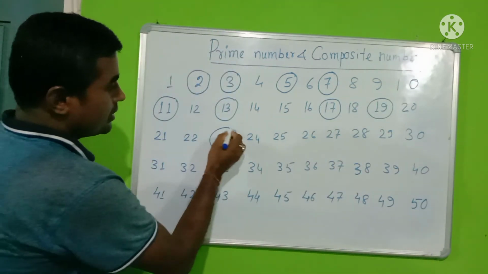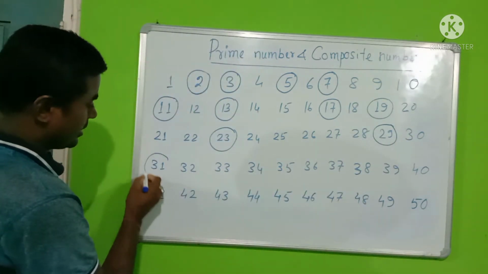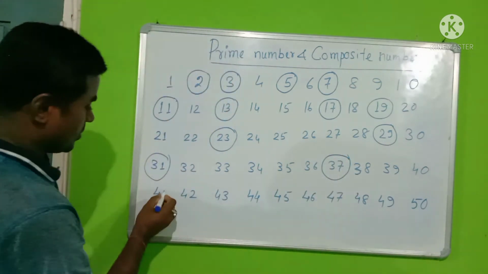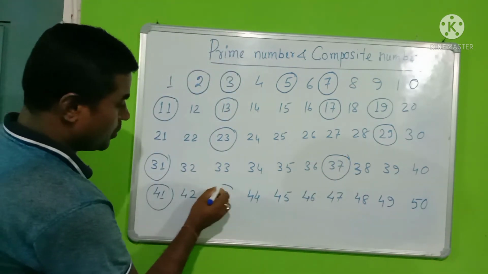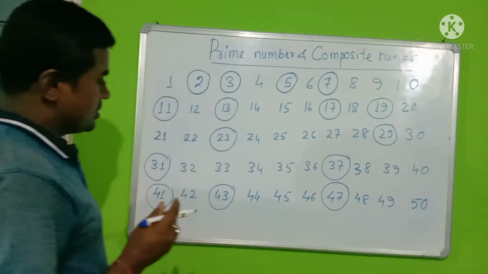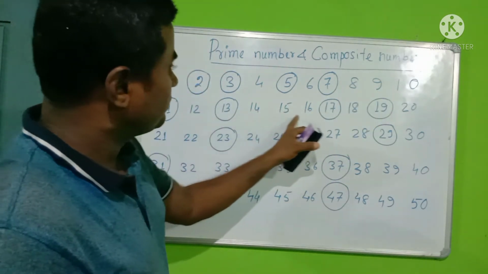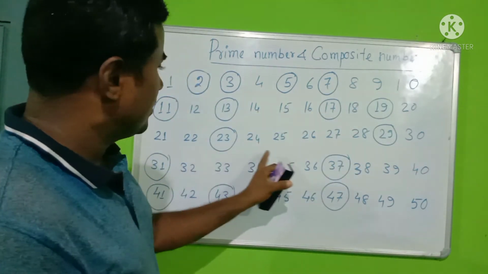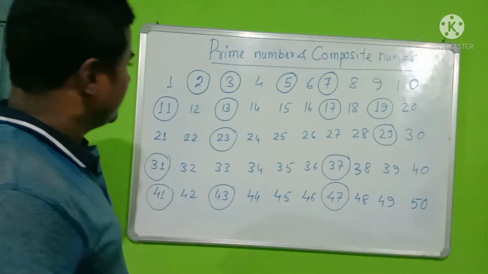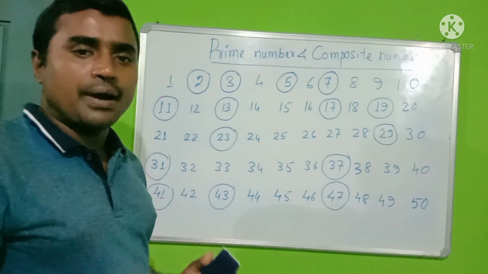Then 23, 29. After that 31, 37. Next 41, 43 and 47. Anyone left? No. All are okay. So all the encircled numbers are prime numbers.